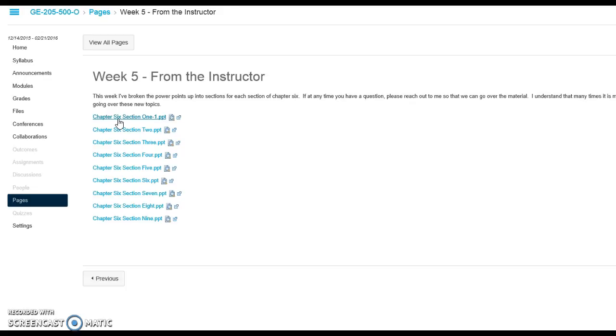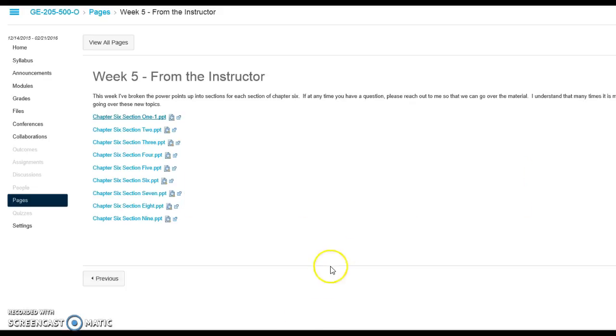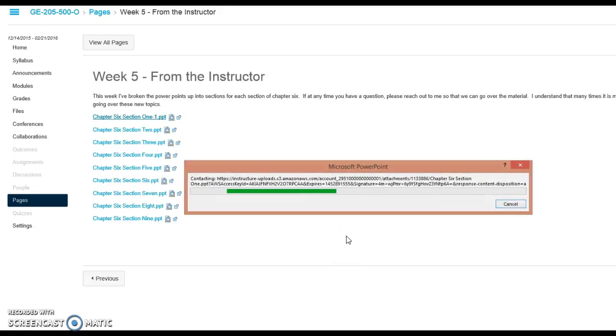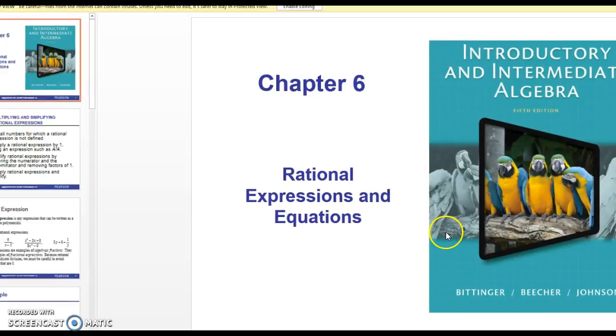So let's try this first by clicking on the section 1 PowerPoint. And I'm just going to open that up for you so that you can see what that is going to look like on your side. Okay, I think it's opening. Slowly but surely.